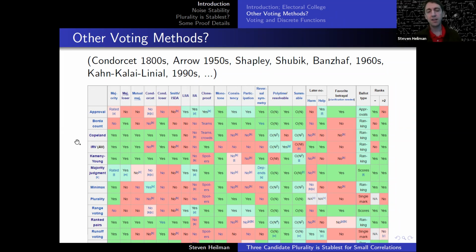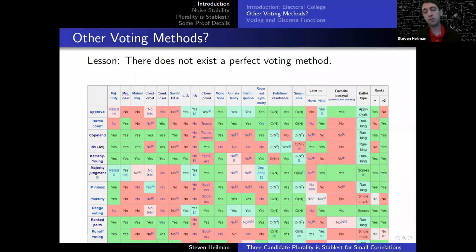Any particular row is not all green; it has some reds. So the lesson from this table for me is there's no perfect voting method. Today I'm going to talk about one property of voting methods, and I'm going to say majority or plurality is the best for this particular property, which would correspond to looking at one column of this table. But the overall lesson is there's just no best voting method, because you can make an argument for one being better than the other just by looking at different properties.